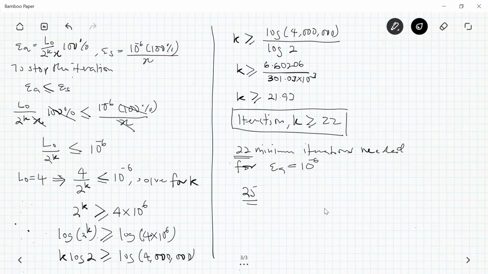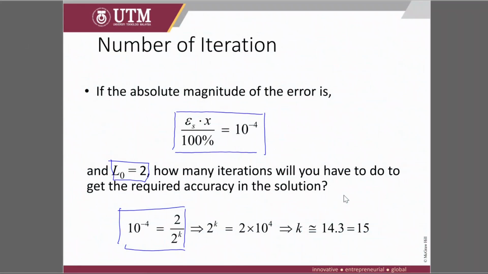Okay, let's continue. Why don't we look at the slide? What we did just now was calculating the number of iterations needed for our bisection method. This gives us a rough idea how many iterations we need.